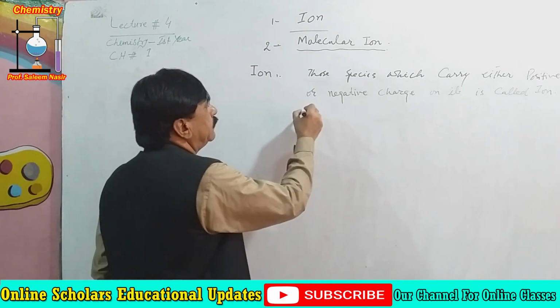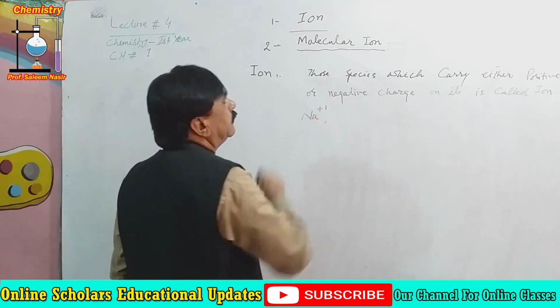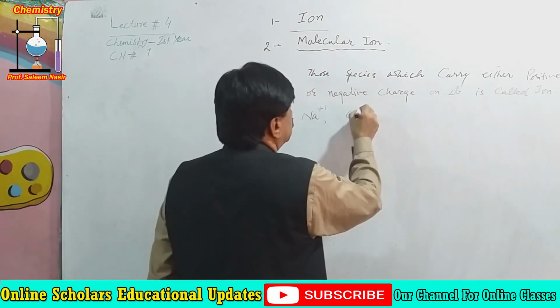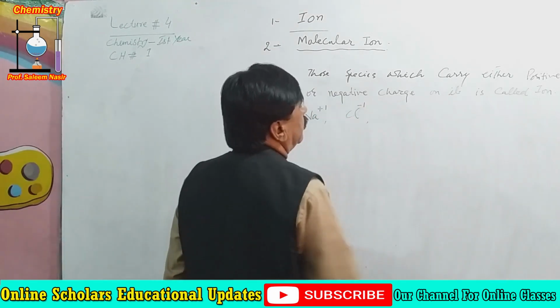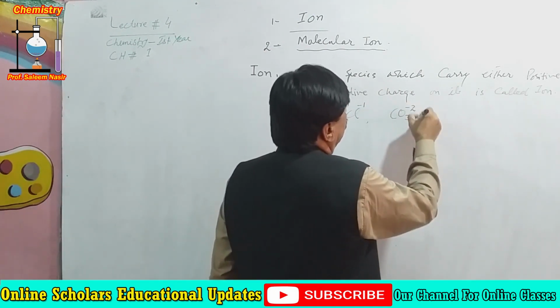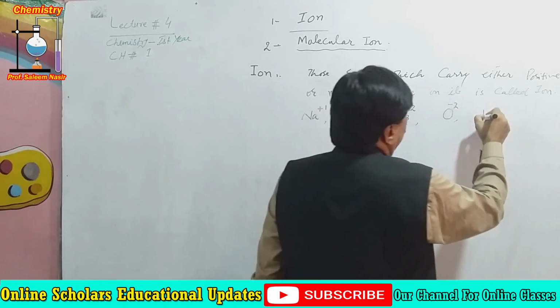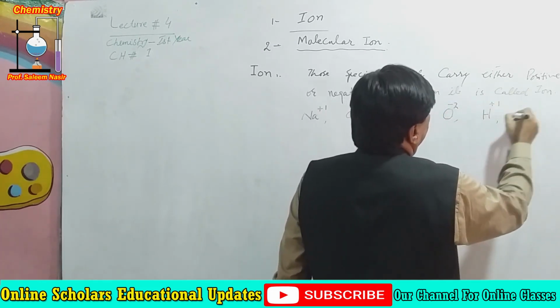For example, sodium is an ion, chloride is an ion, carbonate is an ion, oxygen ion, hydrogen ion, etc.